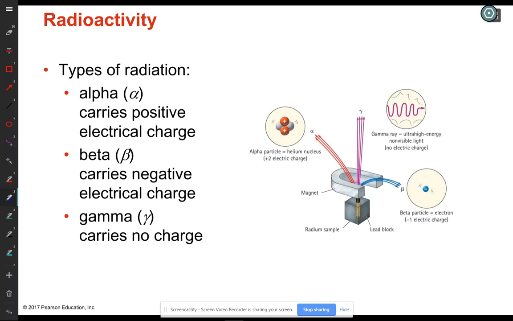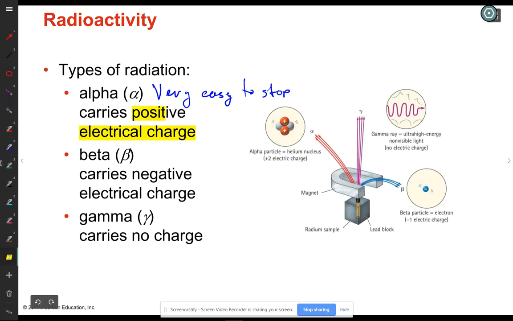So alpha particles are very easy to stop. And from their measurements, they found that they had a positive electrical charge. And they also were very massive compared to the others. Now the betas, the betas had a negative electric charge, and they were harder to stop.